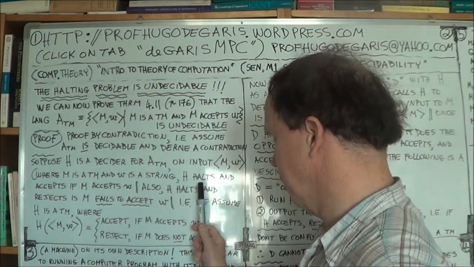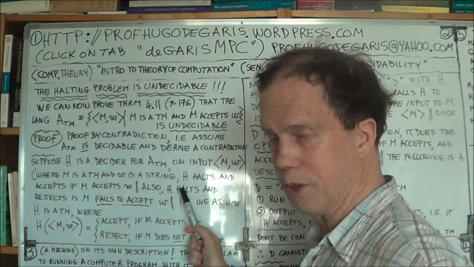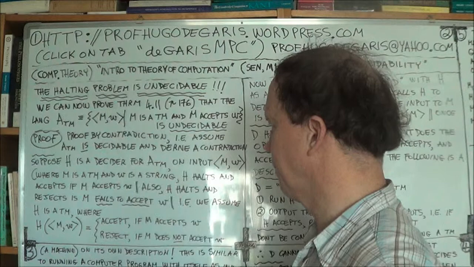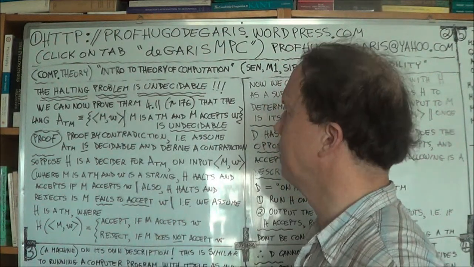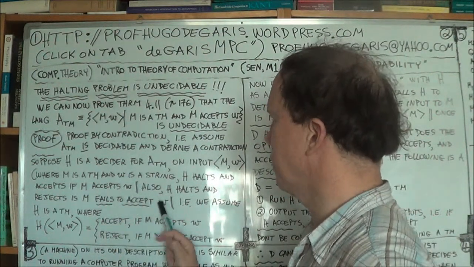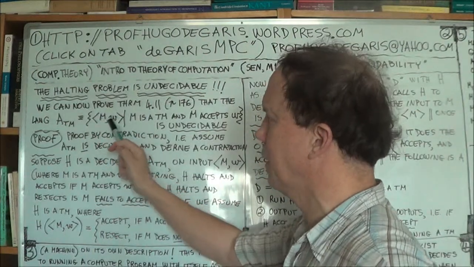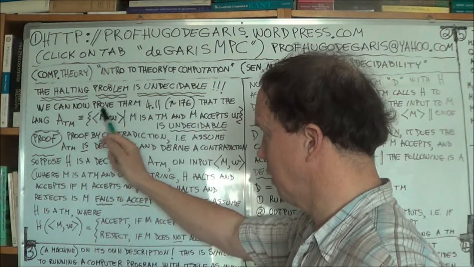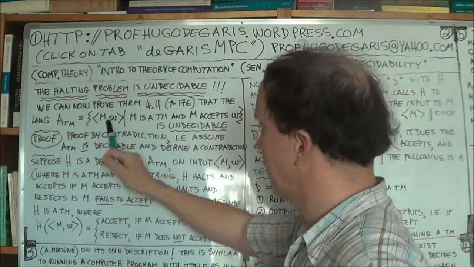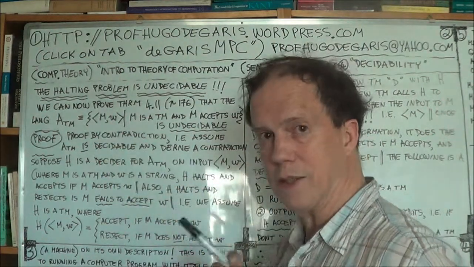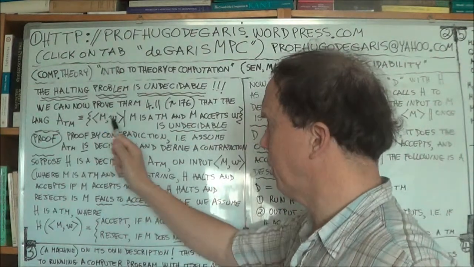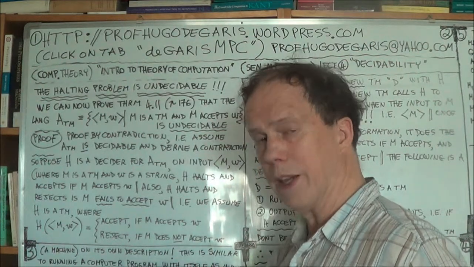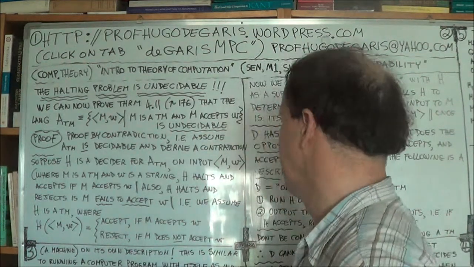Now H will reject, and of course halt, if this M fails to accept W. Because if M fails to accept W, well, this ordered pair is not in the language. It's only in the language if this machine, whatever it is, M, Turing machine, accepts W. That's the property that the ordered pair, the string, has to have to be a member of the language, by definition.